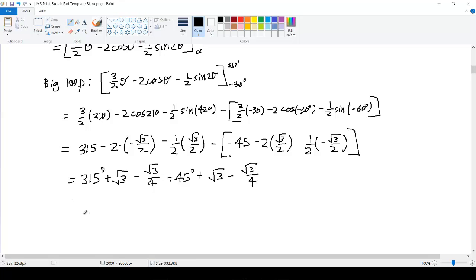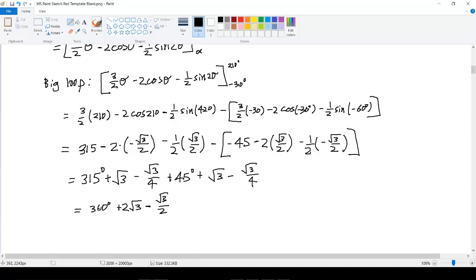Alright, cool. So when we put these together, 315 degrees plus 45 degrees, what's that equal? 360. And then plus 2 root 3 minus root 3 over 2.